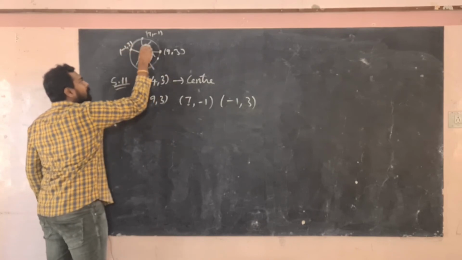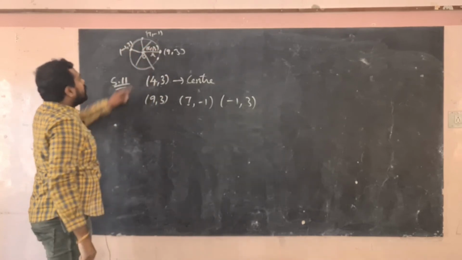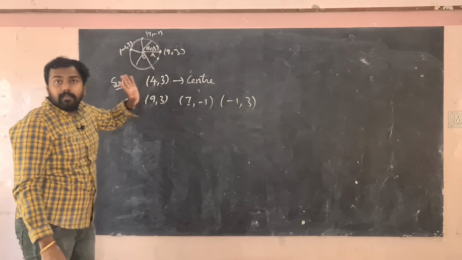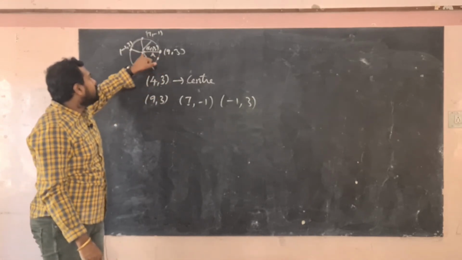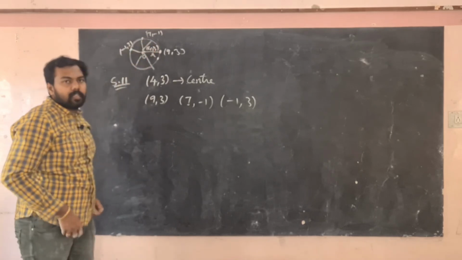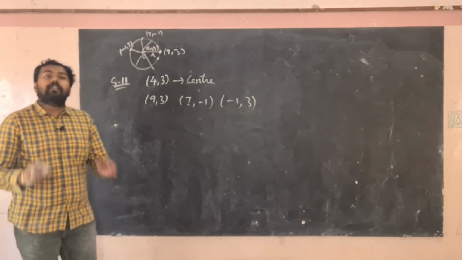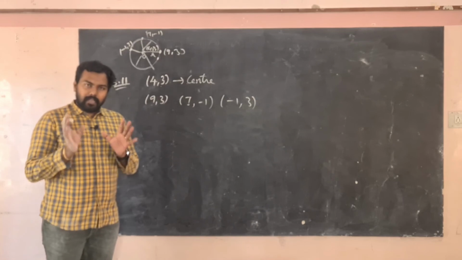The center is 4,3. A circle means the radius will be the same, right? So we find the distance from the center to each of these points, and we are going to prove that they are all the same. Same means they are all the radius.